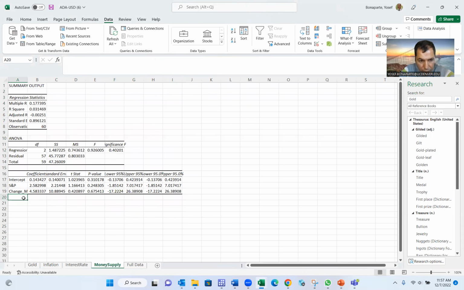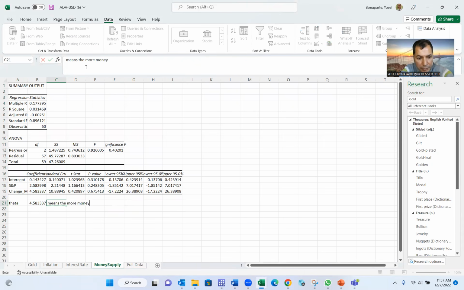It's positive. Theta equals this. And that means the more money supply, the greater the return of Cardano. That means movement, not a hedge.